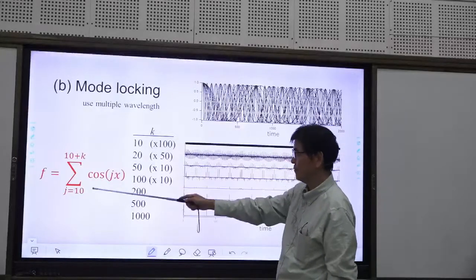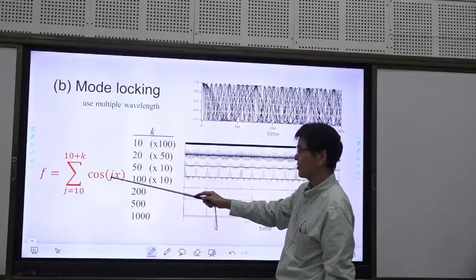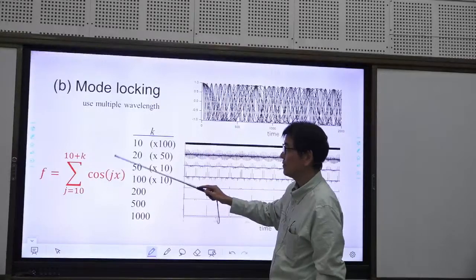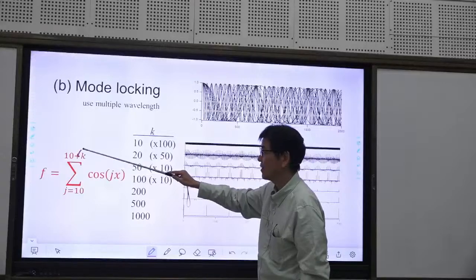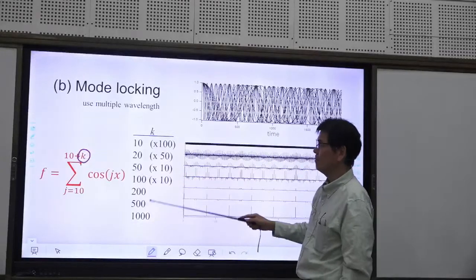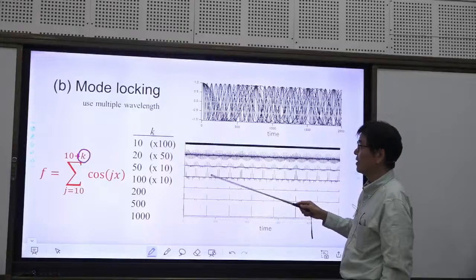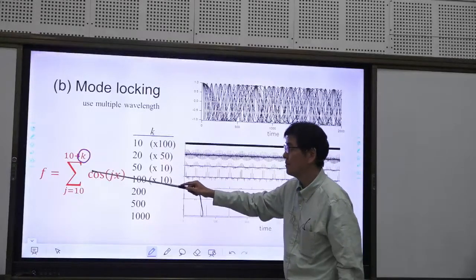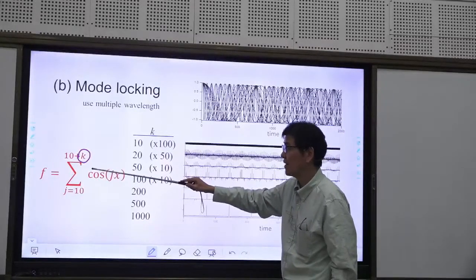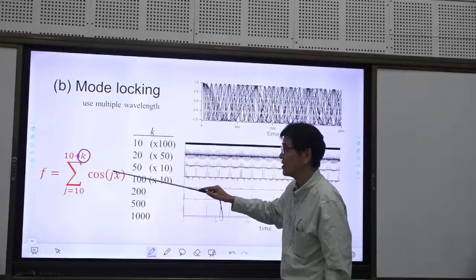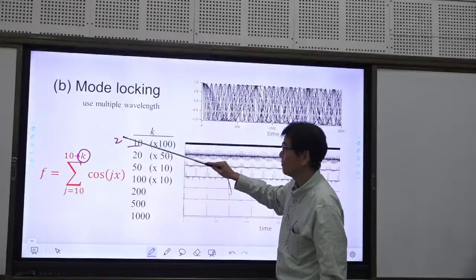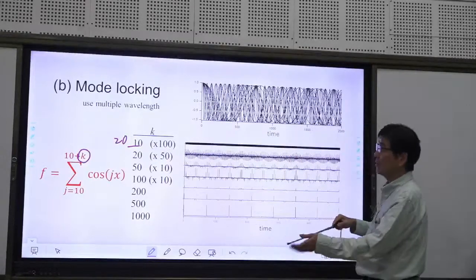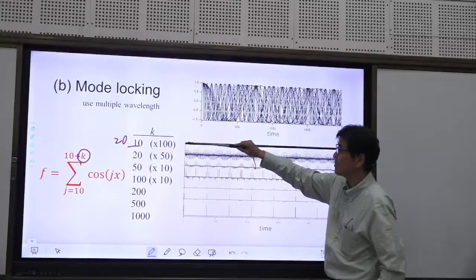I added cosine functions by changing j from 10 to a certain number. If I combine the cosine functions from j equal 10 to 20, then the appearance is something like this.